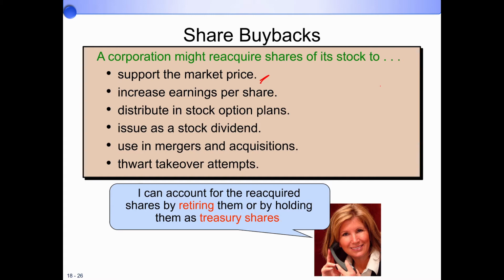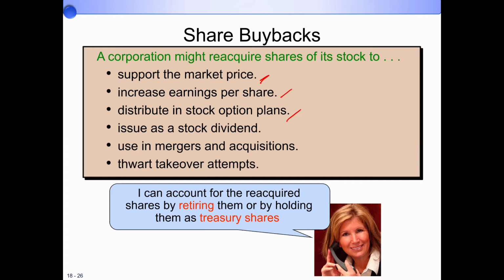And there's another reason, a very major reason. Later on, in chapter 19, we're going to talk about this. Companies usually have a stock option plan or some kind of incentive stock plan. We give our employees some kind of stock, or options to purchase our stock. If they purchase our stock, we're going to issue stock directly to our employees. So what if we already reached the maximum number of shares we can issue?